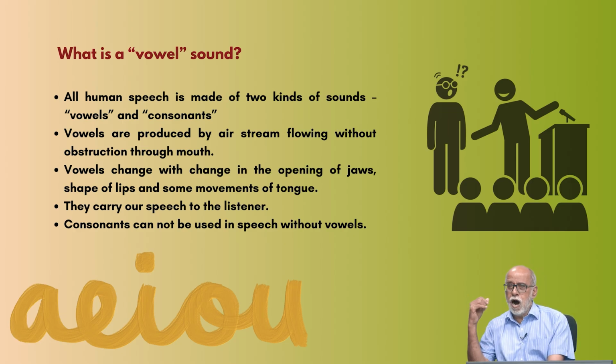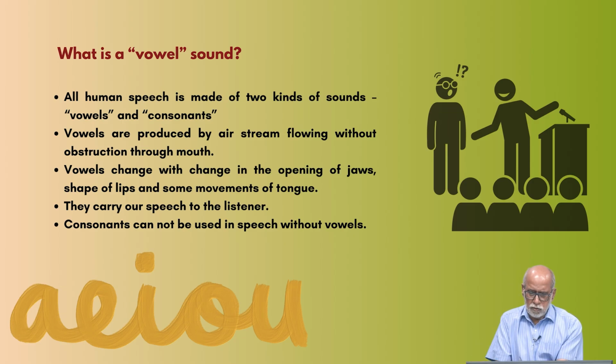So, you have ah, that is how you can say market, car, basket, heart. Okay. So, vowels are produced by air stream flowing without obstruction, and then it goes through the mouth.